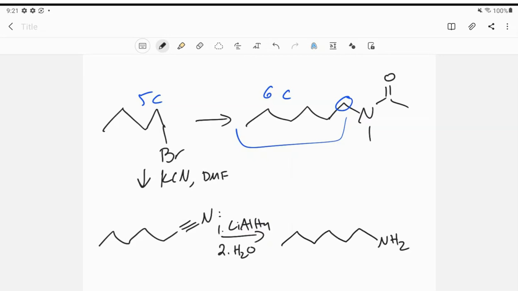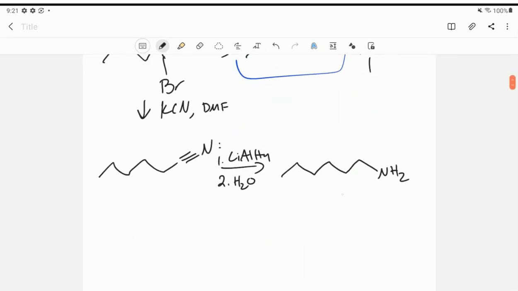Okay, and then acylation with what? Yes.